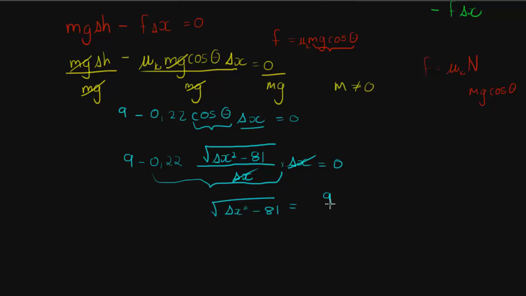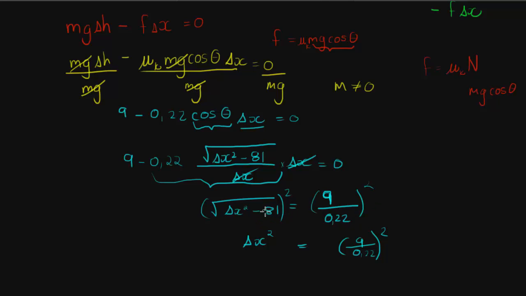If the maths is confusing you, just stop the video and see if you agree with me. The square root of x squared minus 81 is 9 divided by 0.22, and then here I'm going to square both sides. So x squared is equal to 9 over 0.22 squared. Why am I doing that? Well, that's how we get rid of a square root, by squaring both sides.